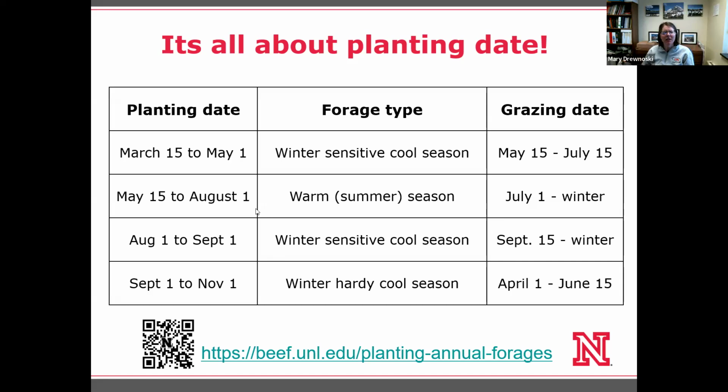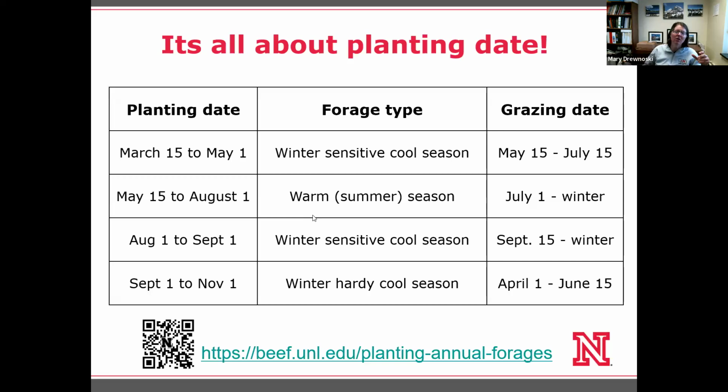The other thing I want to point out is I kind of have transitioned from warm season to this cool season on August 1st. And I'll tell you that date is a little more stretchy. Darren and I had done some work here in Lincoln looking at planting these various species and looking at how much growth we got, really looking at from July 15th to about August 15th.